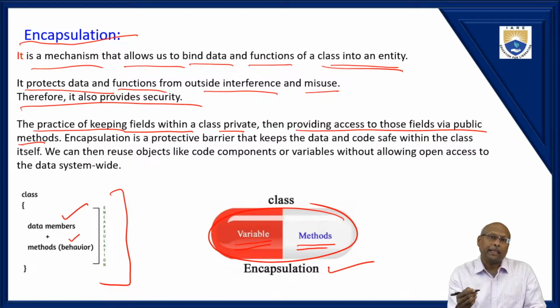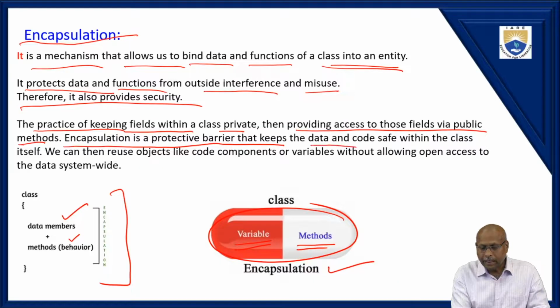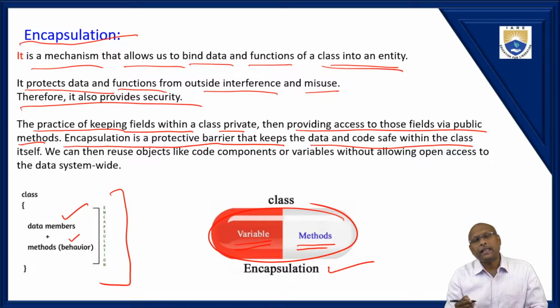So you can keep some data in the private part, but there is a mechanism to access it. So public methods give you access to the private data. Encapsulation is a protective barrier that keeps data and code safer within the class. So within the class, I can decide which is private, which is protected, and which is public. So encapsulation is a mechanism which keeps data and method together with security.